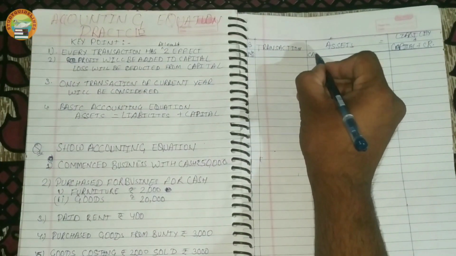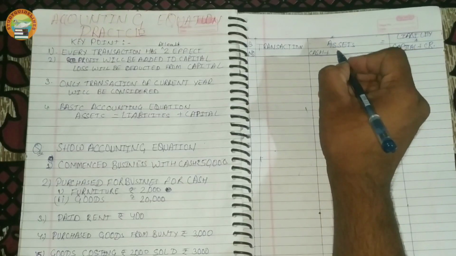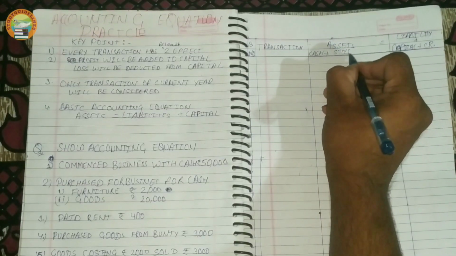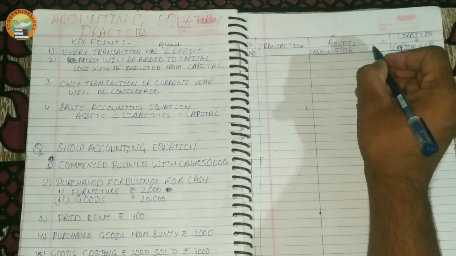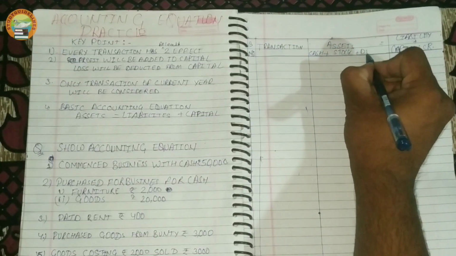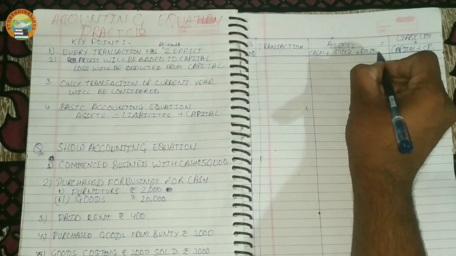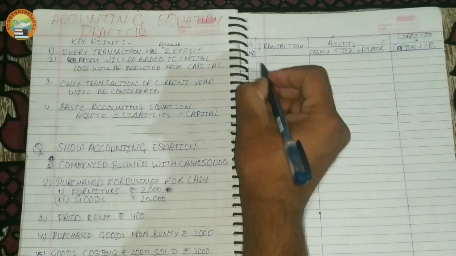Three assets are given: cash, stock, and the third one is debtor. So let's start with the first question.